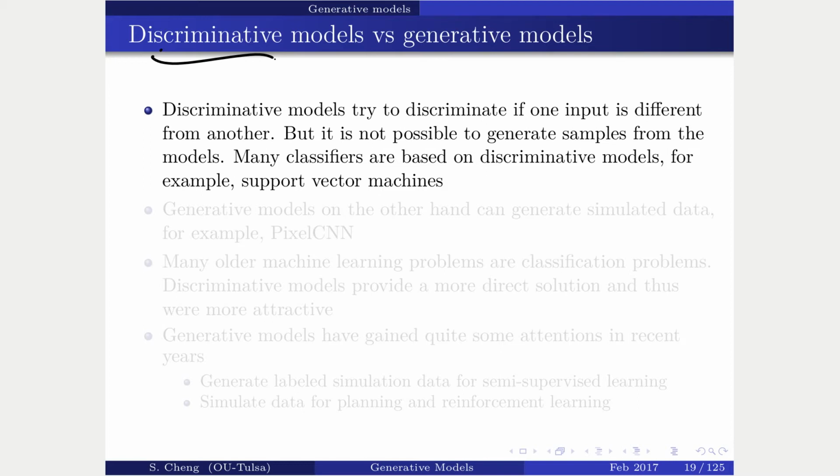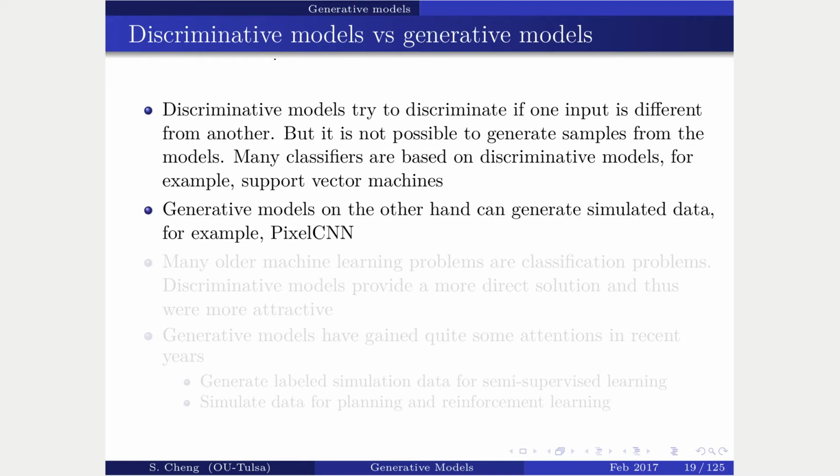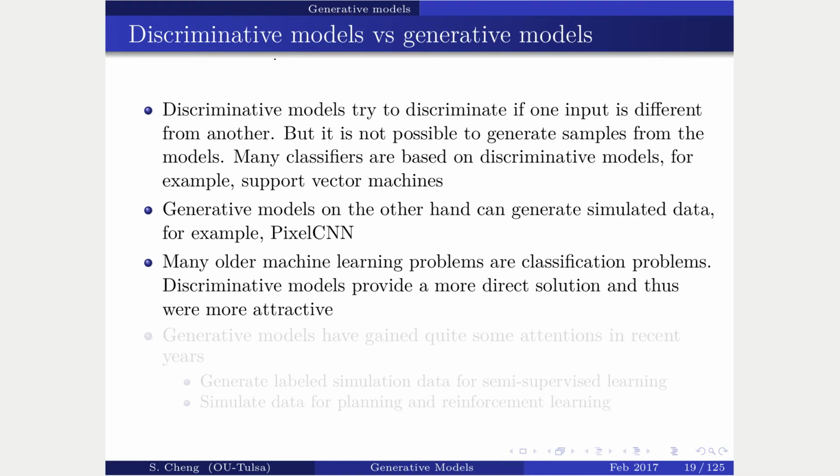And of course, generative models are like what was just mentioned here, trying to generate data. For many older machine learning problems we've seen so far, they're all kind of discriminative models trying to classify a problem.